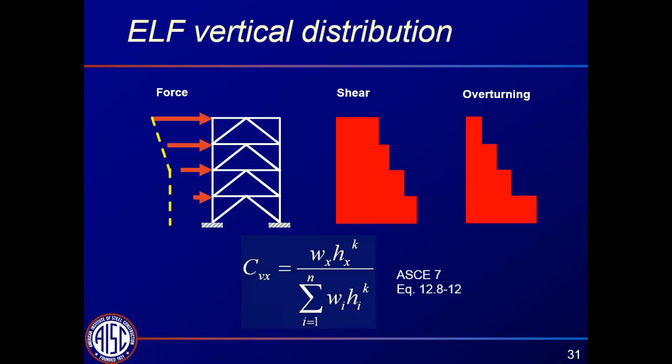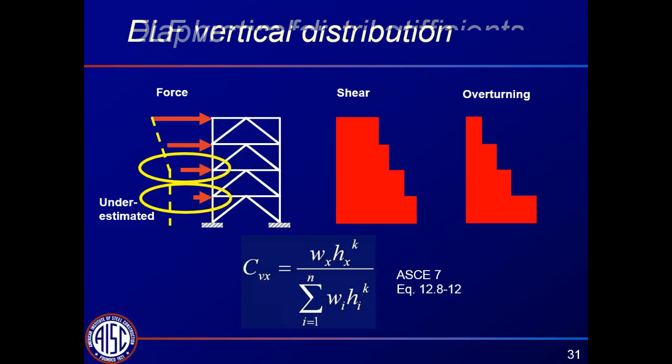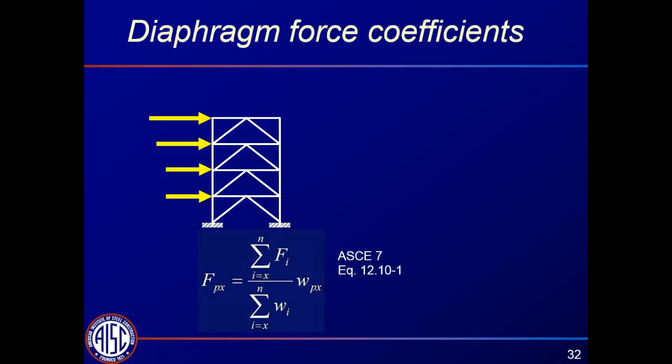However, the vertical force distribution that we use often has very little force entering the frame at the lower levels. And that's okay for the design of the braces and column of the frame, but it's not okay for the design of the diaphragm and collectors. It's really underestimating the potential forces that can happen at that second and third floor. And so what ASCE 7 tells us is that, at a minimum, we have to look at these F sub P forces that are going to be greater than what we get from our vertical distribution.